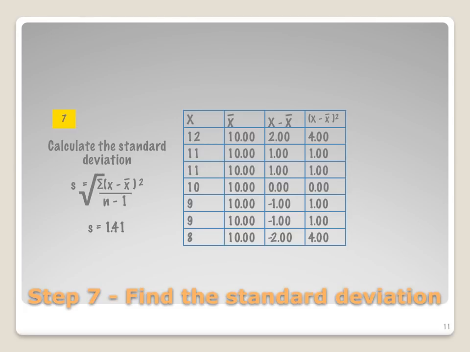And when you take the square root of the entire formula of variance, you should come up with a standard deviation s equal to 1.41. So you can pause the podcast and see if you get the same answer.